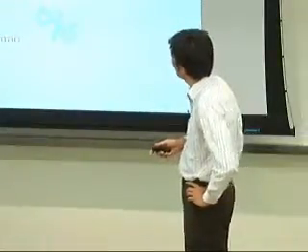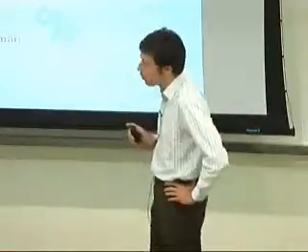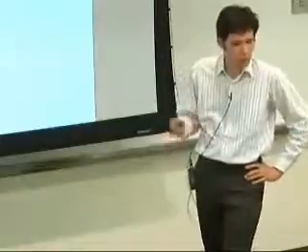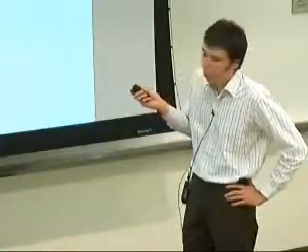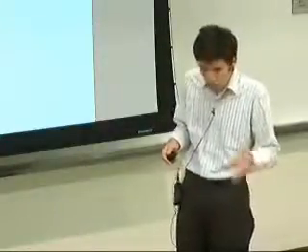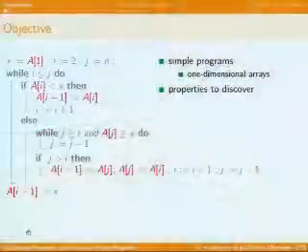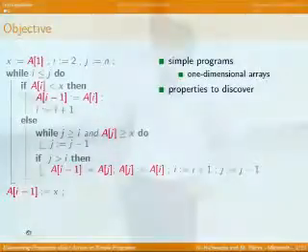So, explanation of the title: in this work, by discovering, we mean in a fully automatic way, properties about the contents of arrays. So, for example, sort properties, about the values that are in the array. And of course, we had to focus on a restricted class of programs, which we have named simple programs. So here is a piece of code that belongs to this class of programs.